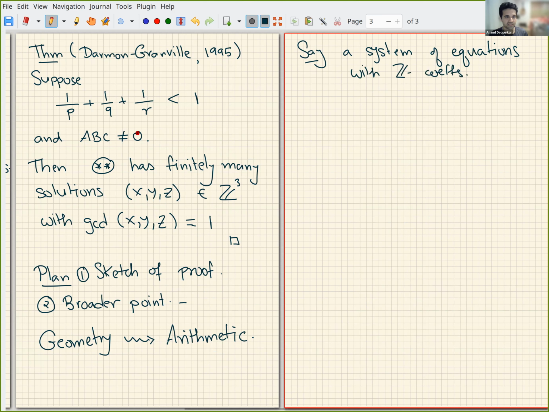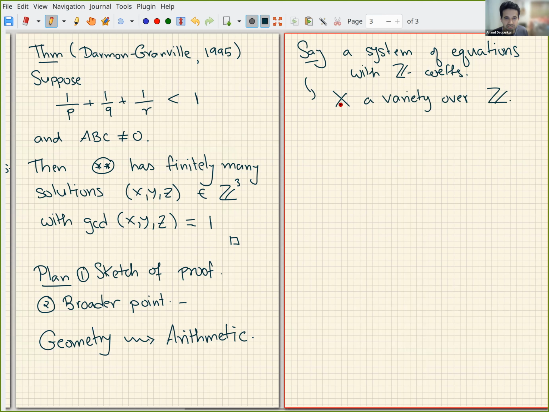Just like star star, this is just one, but say you have a system. But this is the same as saying you have a variety or a scheme. So X, let me just say a variety over Z. That's another way of saying a system of equations.